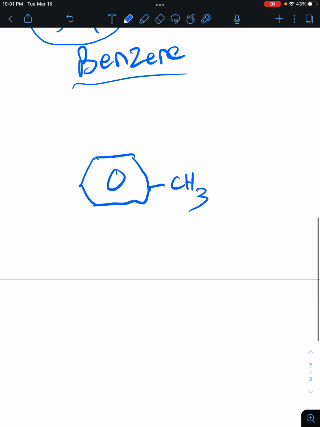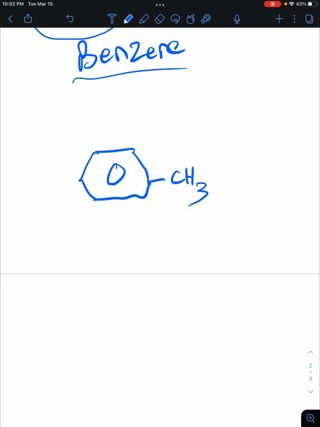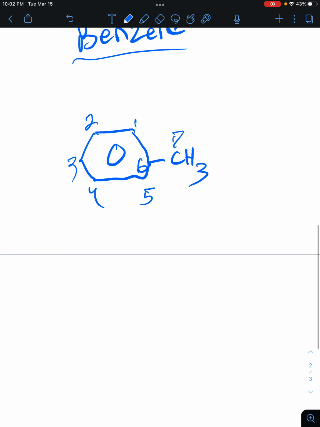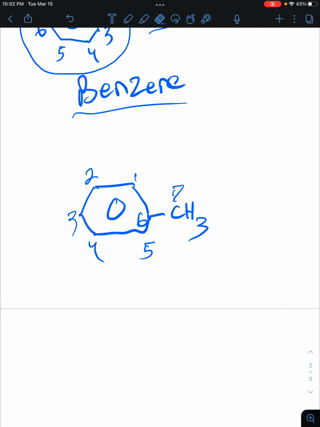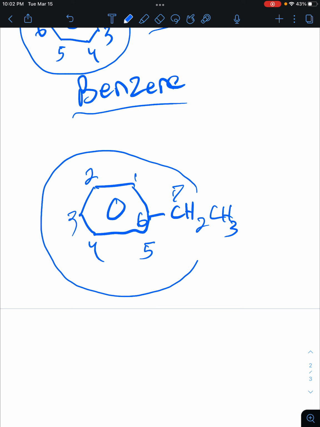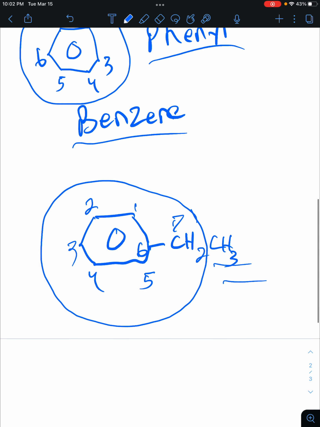But if you have something like this, which would be 7 carbons, so you got 1, 2, 3, 4, 5, 6, 7, it's a benzylic carbon. And whatever hydrogens you have on it is a benzylic hydrogen, right? So if you had something else on here, this would still be considered benzylic, but this is not part of that, so that's not benzylic.